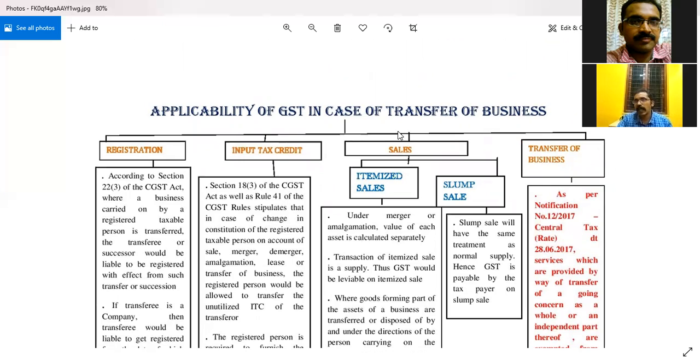We see the aspect of sales. When the assets are sold in case of transfer of business, when only assets are sold, business is not transferred.